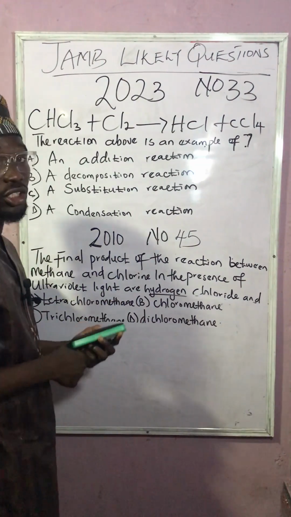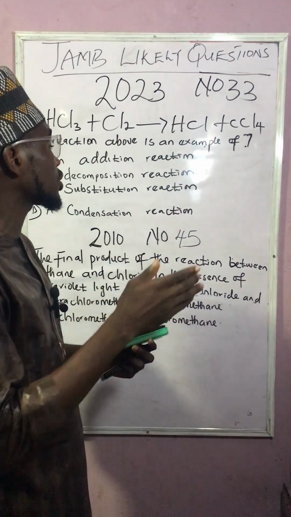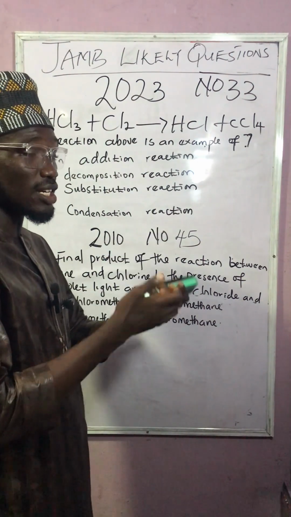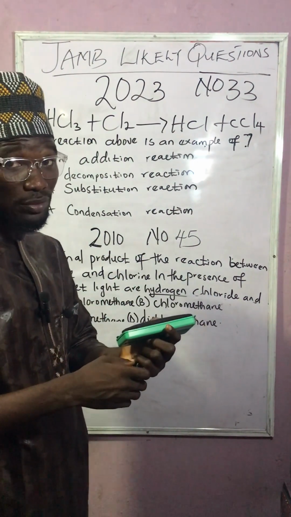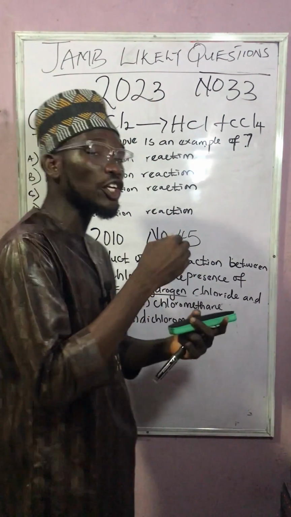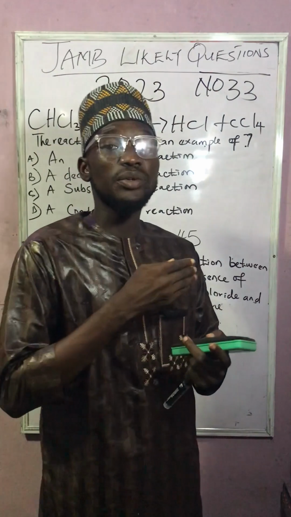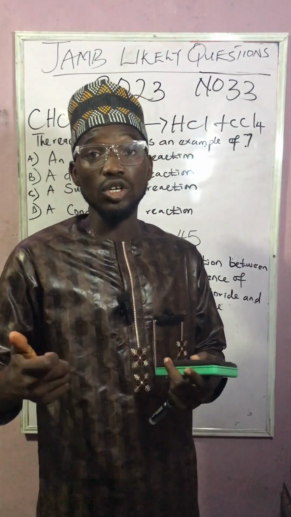An addition reaction. And what is an addition reaction? An addition reaction can easily be classified as unsaturated hydrocarbon. And those unsaturated hydrocarbons mean that when a double bond or a triple bond reacts with any molecules, they will yield a single bond.